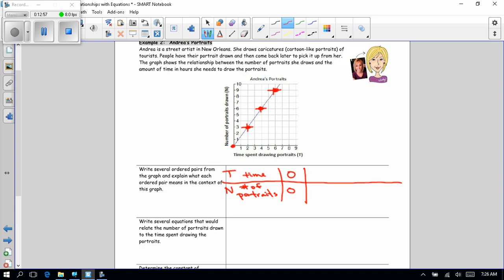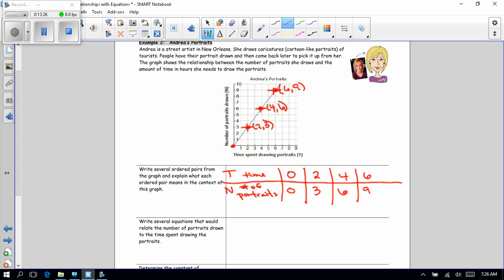And at 2 hours, she can draw 3 portraits, right? That's what that one here is, 2, 3. The next one is at where? 4 hours, she can make 6. 4, 6. And in 6 hours, she can make 9. 6 hours, she can draw 9 portraits.